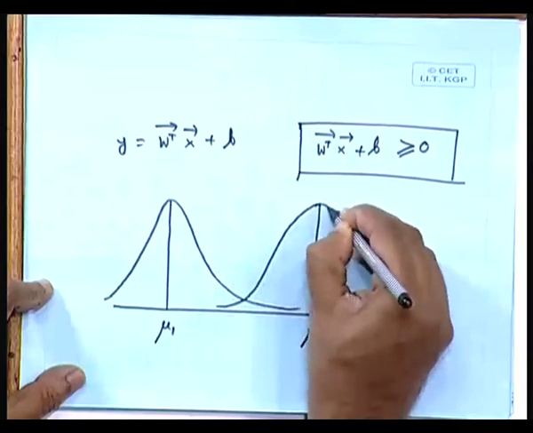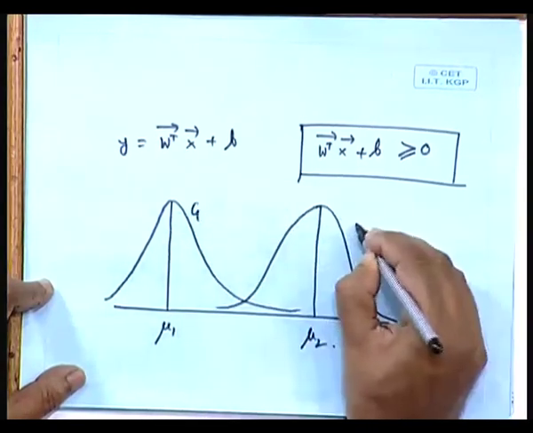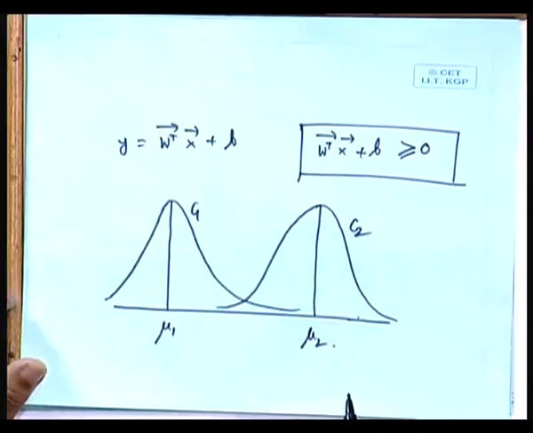If these are the distributions that we have got, this being the distribution of class C1 and this being the distribution for class C2, they are in the strict sense not non-overlapping, as the perceptron would require.